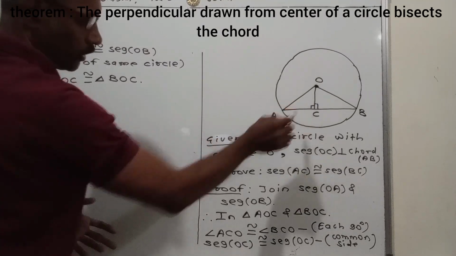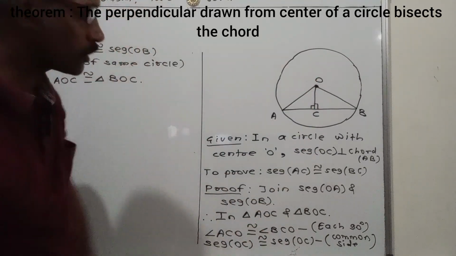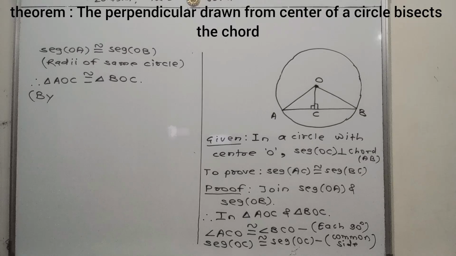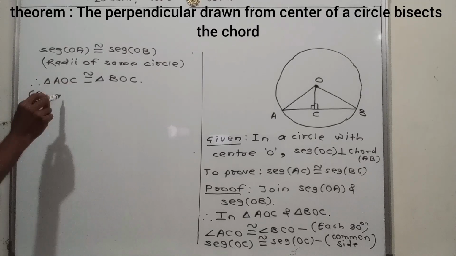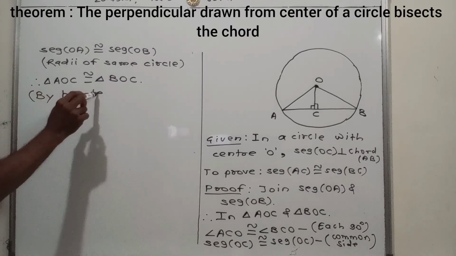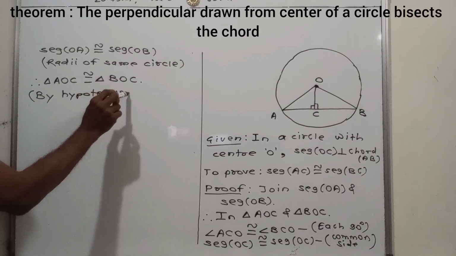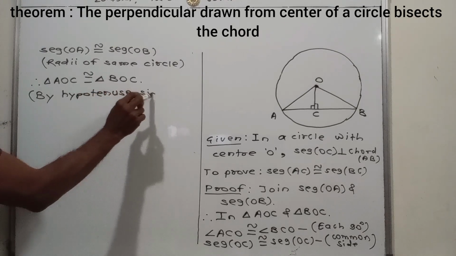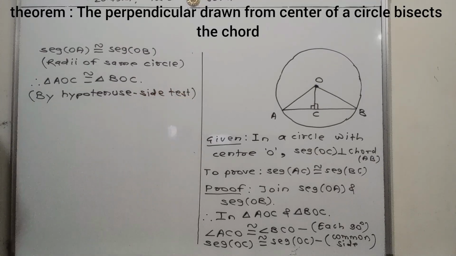This and this also, but we have shown here segment OC congruent to segment OC because common. Therefore, these two triangles are congruent by hypotenuse side test of congruency. Did you get it?